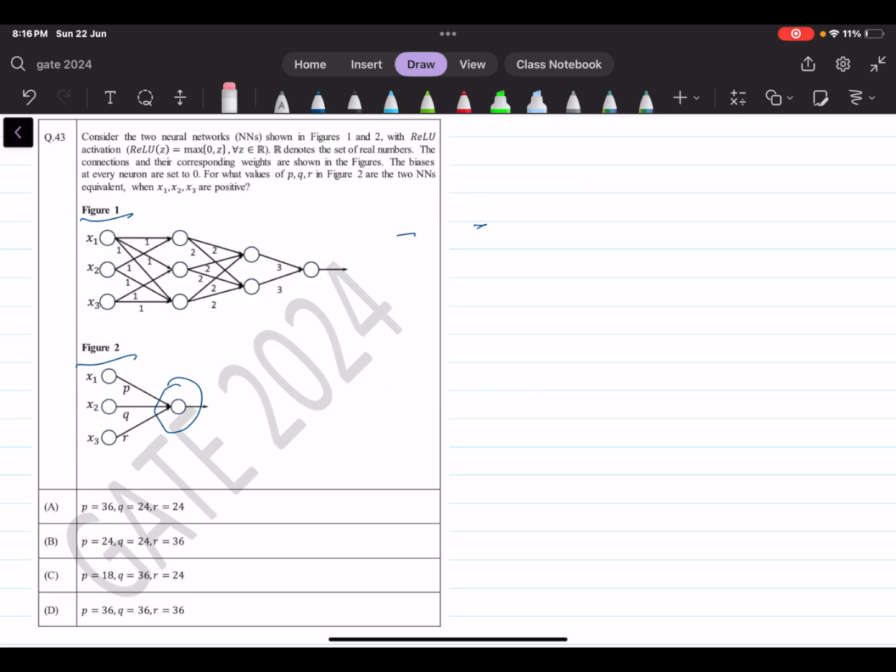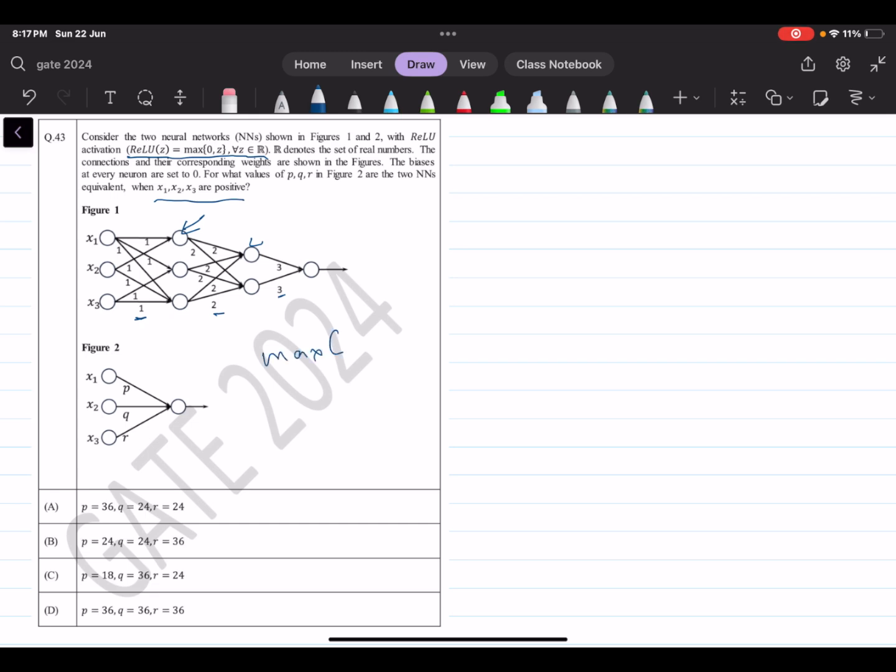Now one thing more, it is given that we need to use this ReLU activation function in each neuron. But another thing we can notice is that these x1, x2, x3 are positive, and the weights are positive integers. So there's no way that at any neuron the value will go less than 0.